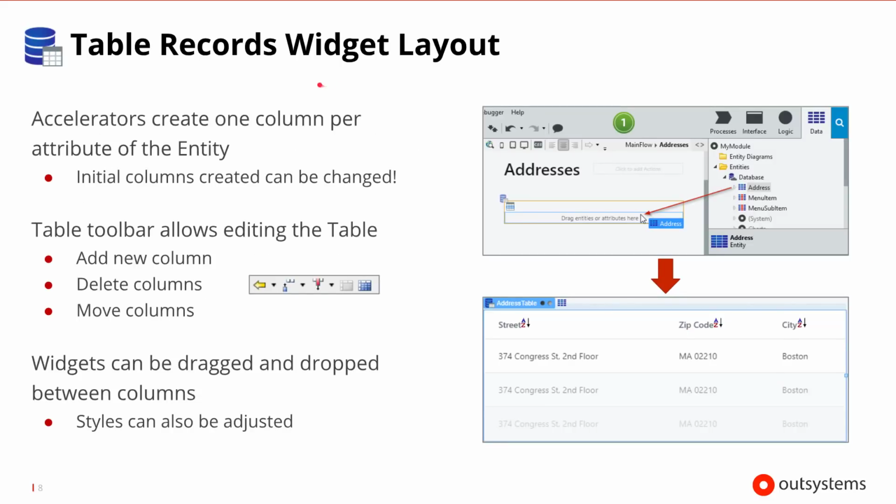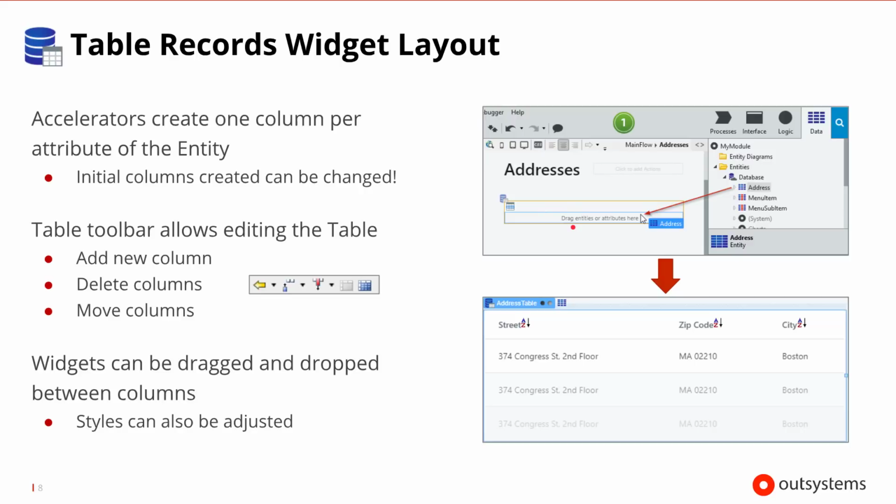Now, when you go to create a table records widget and describe the layout, there is an accelerator that will allow you to go ahead and grab an entity from the data tab. So when we drag and drop a table records widget into the editor, into the canvas where we're building our screen, it will just create an empty area.